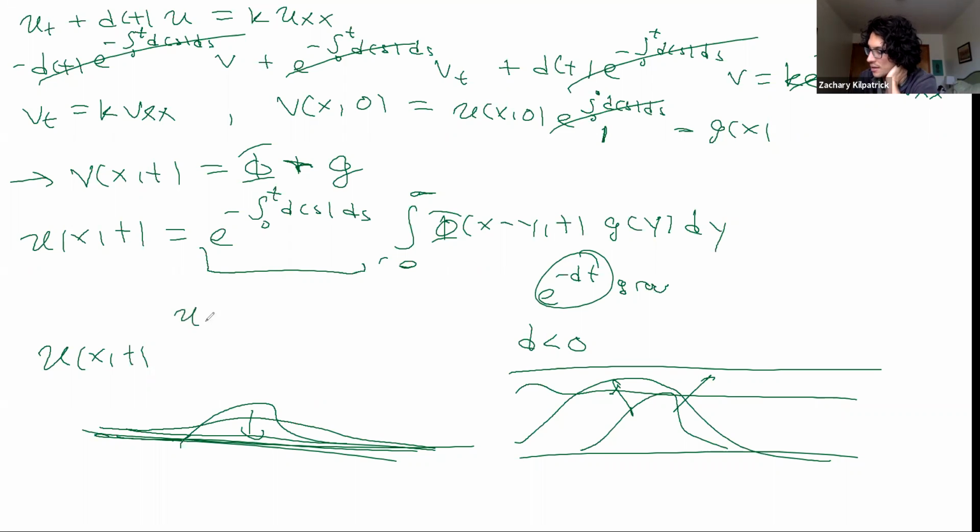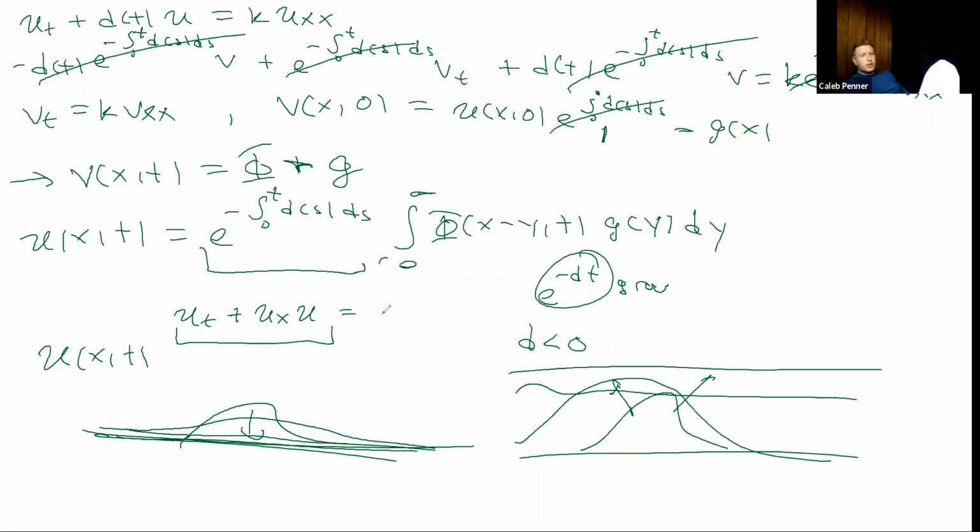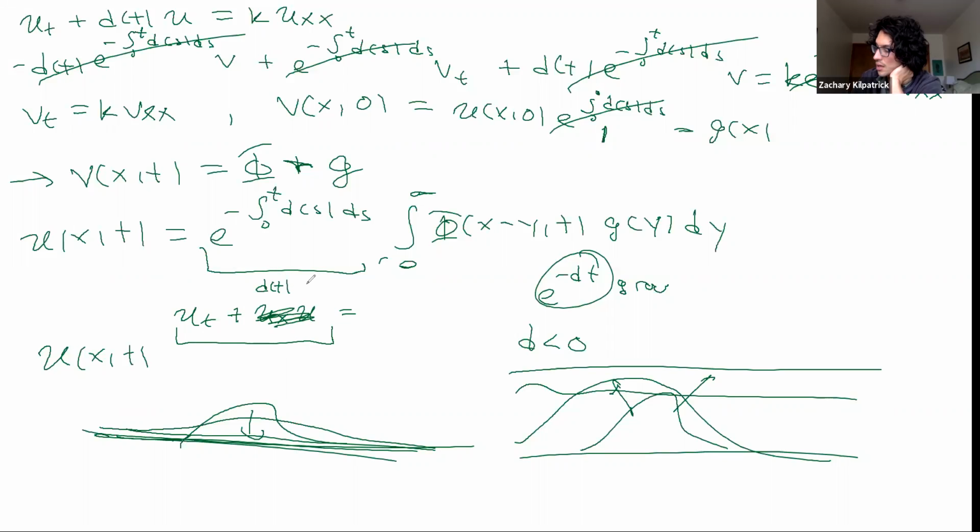So if you're saying if I had u sub t, u sub x, u, this is looking like an advection Burgers equation. I meant replace the u with u sub x, so have D u sub x. Oh, okay. Yeah, so sorry, now I understand.